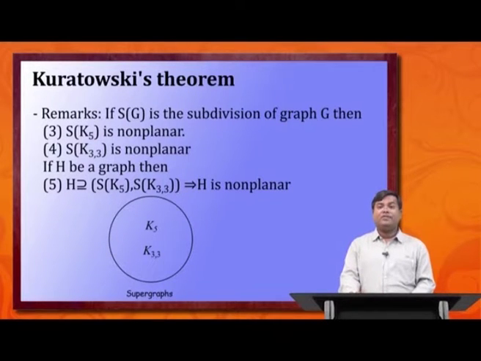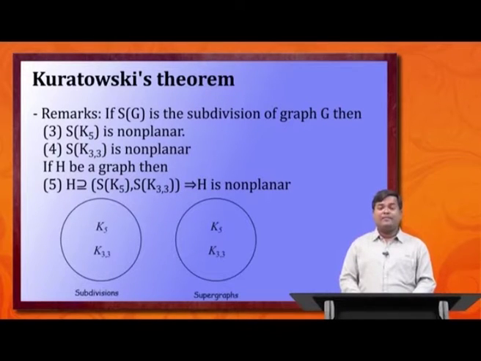Now we have defined a new process which is called subdivision. So the left hand side Venn diagram is basically a set which comprises all the members of subdivision of K5 and K33.